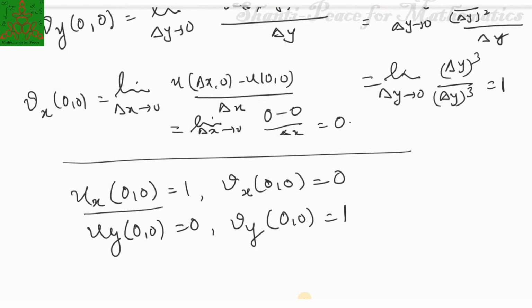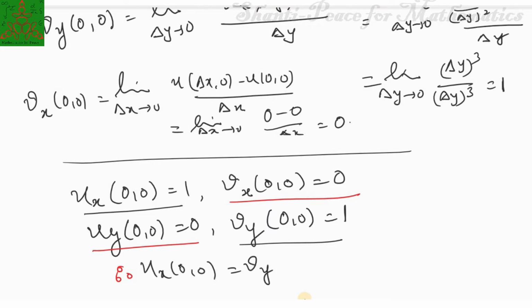So that means these quantities are same and these quantities are same. Therefore we can say that u_x at point (0, 0) is equal to v_y at point (0, 0), and v_x at (0, 0) is equal to u_y at point (0, 0).